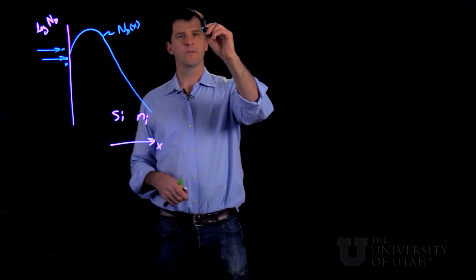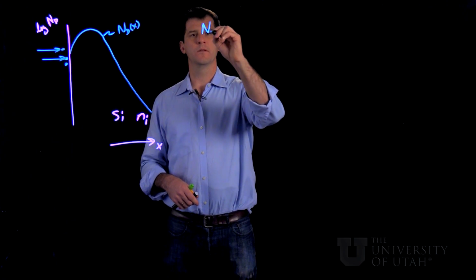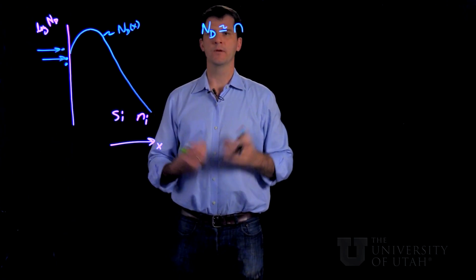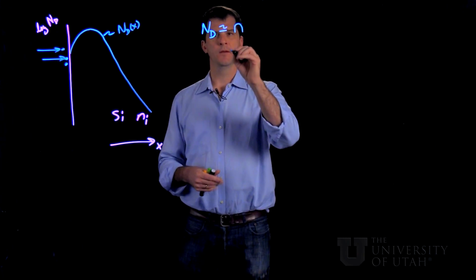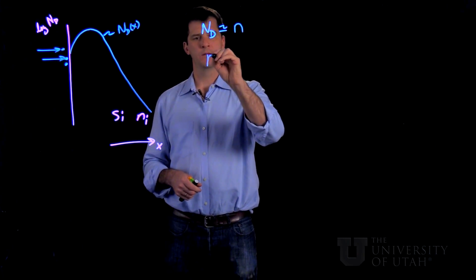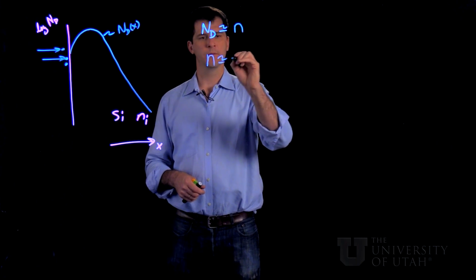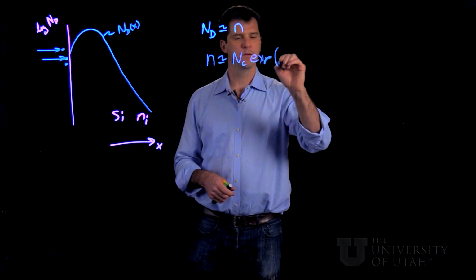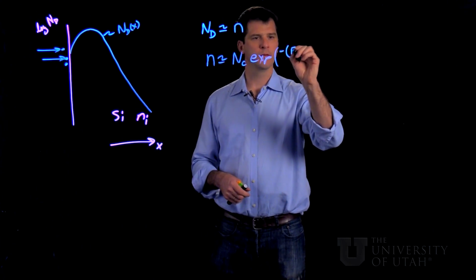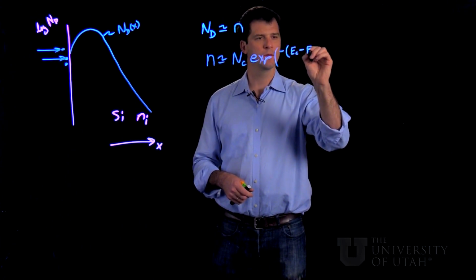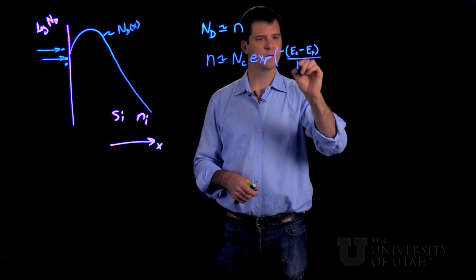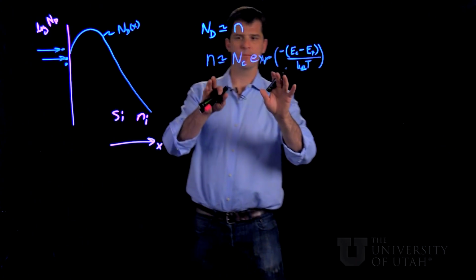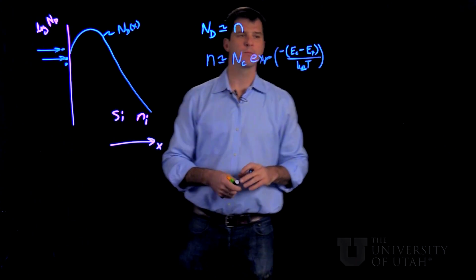Well, first thing, let's remember that in our simple approximation, our n is approximately equal to ND. And then let's remember that n is approximately NC exponential to the minus EC minus EF over kBT. And I'm saying approximate because we're using the Boltzmann approximation here.